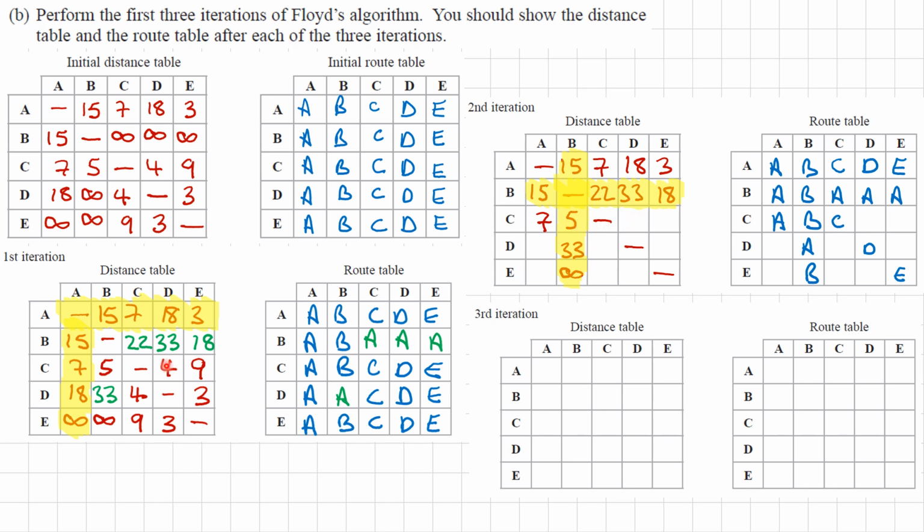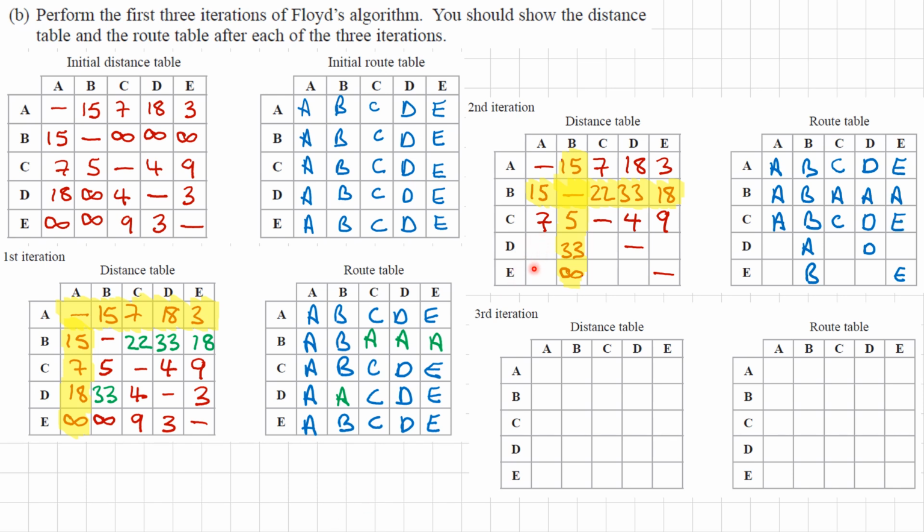Now 38 is greater than 4, so again no change here, and that is the letter D. So no changes so far. And here we're going to have 5 plus 18, that's 23. 23 is greater than 9, so no change to the value, no change to the letter, and that letter that was there in the previous iteration is E.